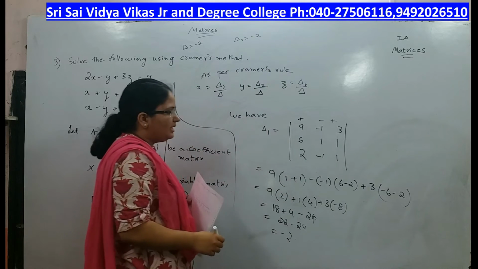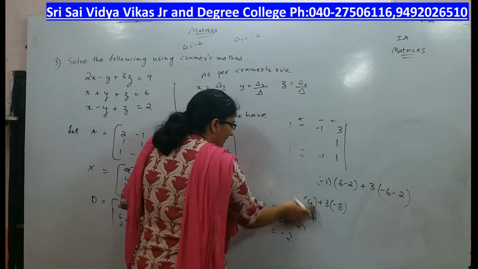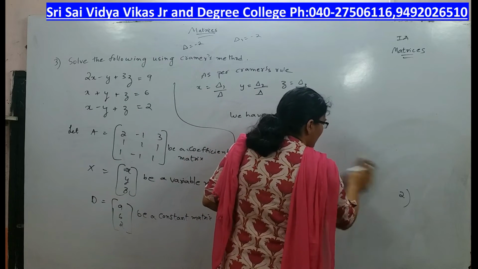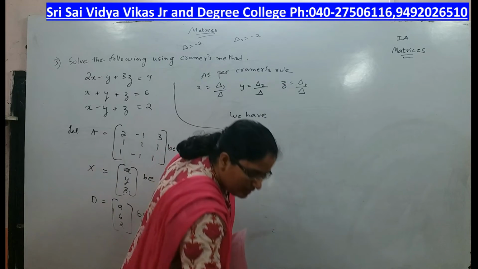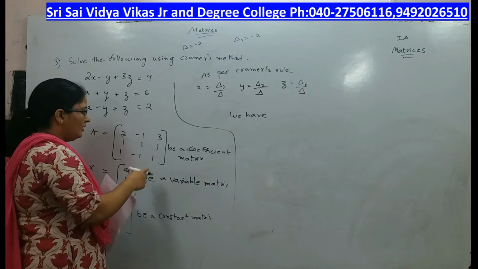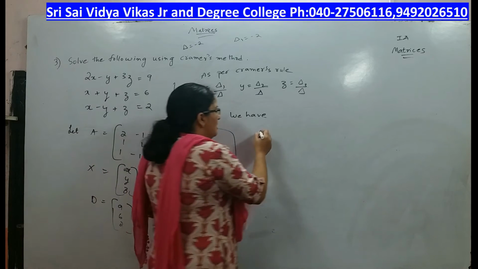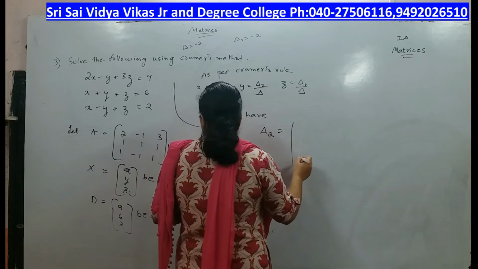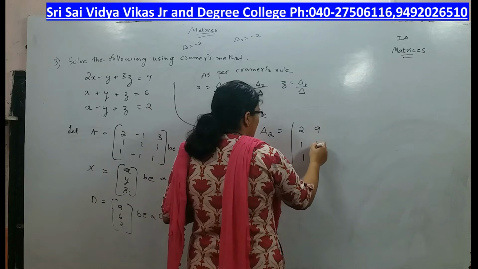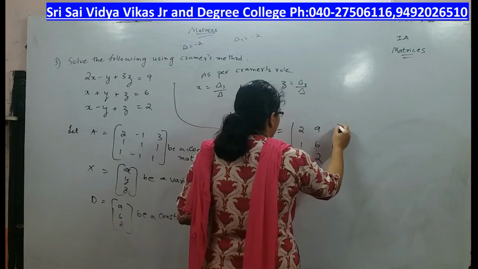Similarly, let us find delta 2 value and delta 3 value. What is delta 2? Replace the second column with 9 6 2, that will give you delta 2. Replace the third column with 9 6 2, that will give you delta 3. So delta 2 is equal to 2 1 1, 9 6 2, 3 1 1.